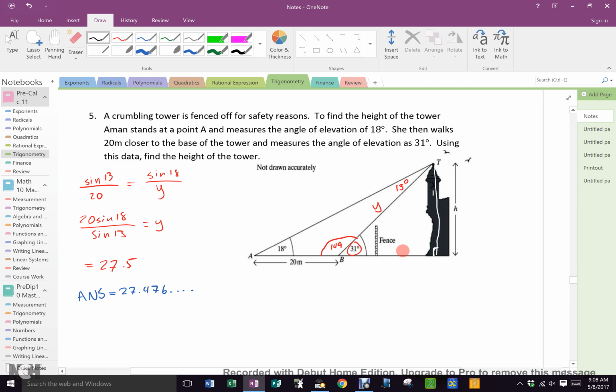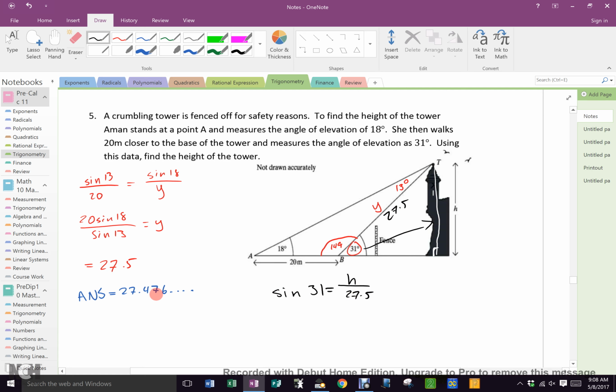In this triangle now, I have 27.5 and 31. I need the height, right? Which is opposite 31, and I have a hypotenuse, yeah? So I'm going to be using sine of 31 equals opposite over 27.5. But what is that 27.5?